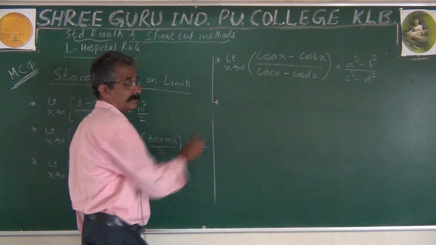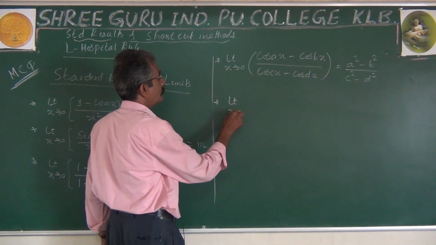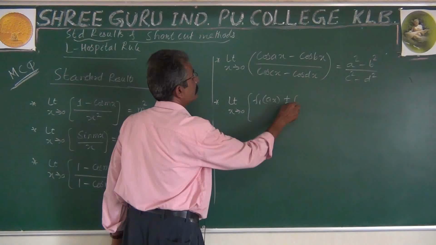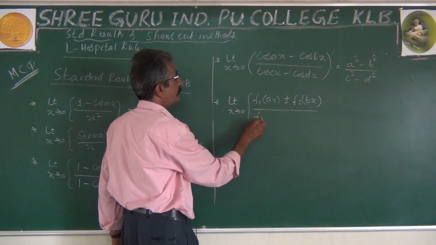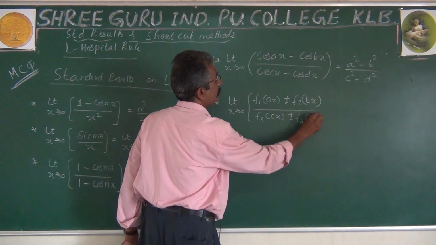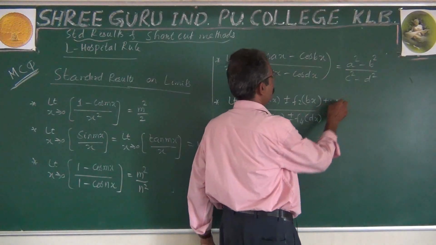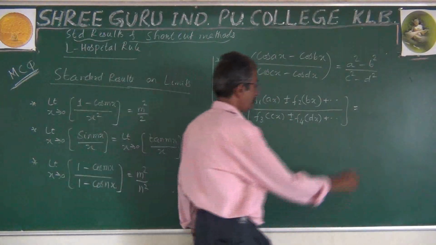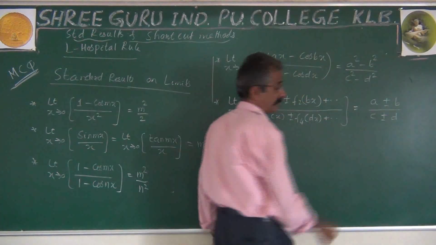Next shortcut method, limit x tending to 0, f1 ax plus or minus f2 bx divided by f3 cx plus or minus f4 dx. Still we can have a number of functions, f5, f6, etc. It is always equal to a plus or minus b divided by c plus or minus d.